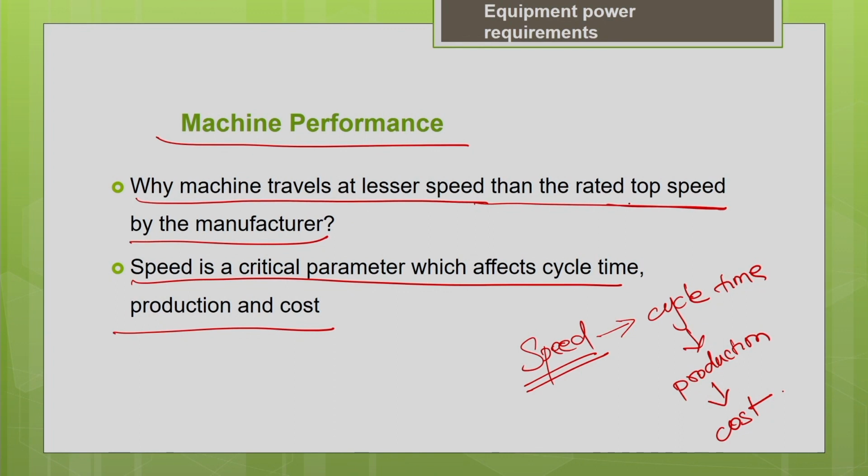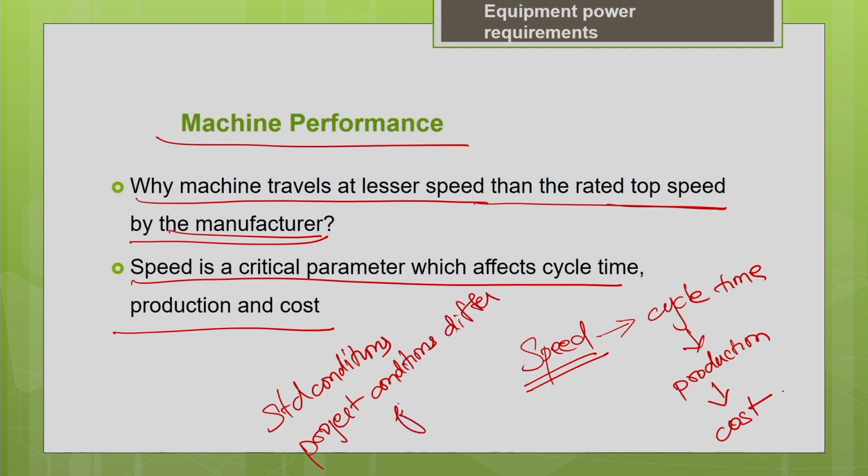It is because the machine speed rating by the manufacturer is done under some standard conditions, but your project conditions may differ from the standard conditions. So that is the reason we are not able to realize in many cases the maximum speed or the maximum efficiency prescribed by the manufacturer.